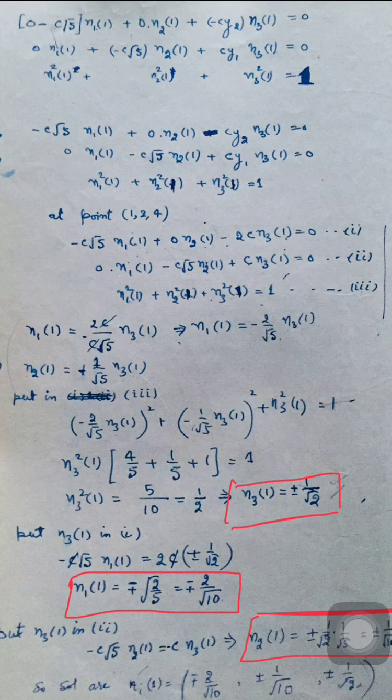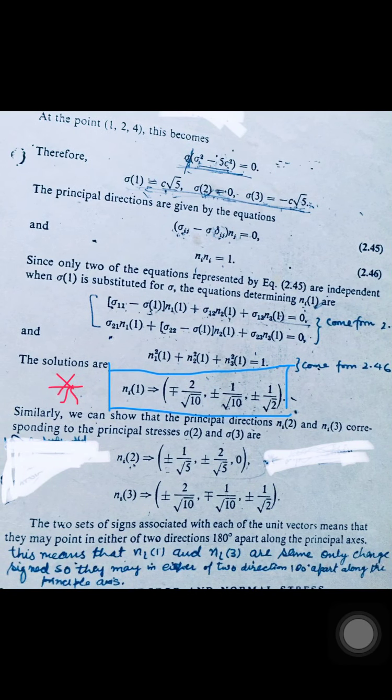We get a relation between ni1 to ni2, ni2 to ni3, and then the eliminating method is applied, and finally we get n31 is nothing but plus minus under root 2 in the first rectangle box, and then again putting this value in the previous equation, by back substitution, we get ni1 is nothing but minus plus 2 root 10, and in the last we get n21 is nothing but plus minus 1 by root 10. Okay, so this is the method of solving this, which is written directly here in the book.